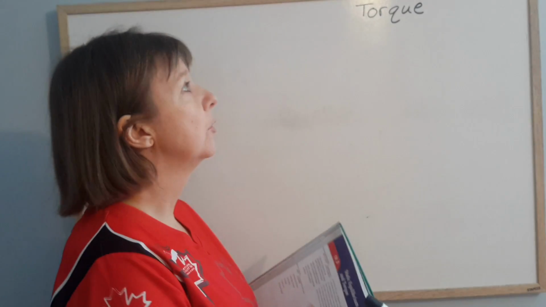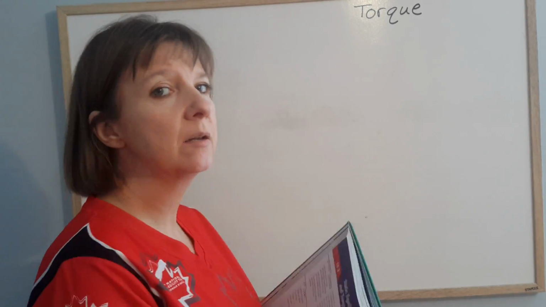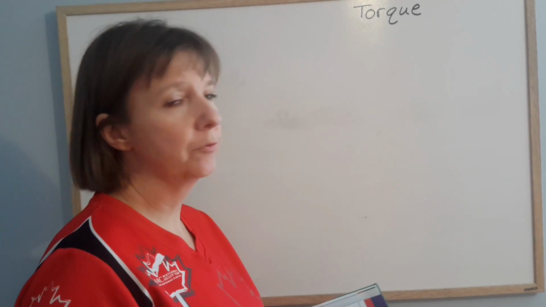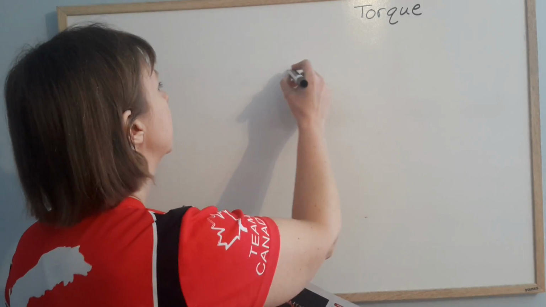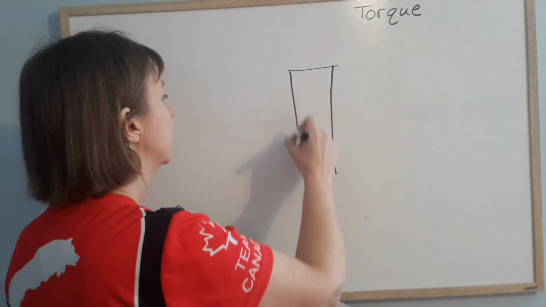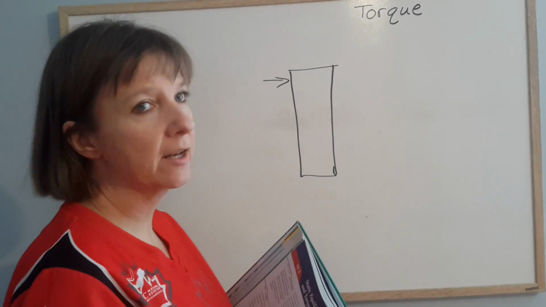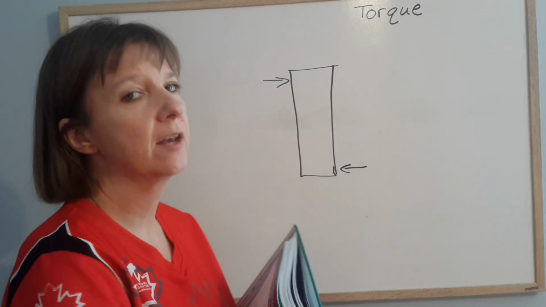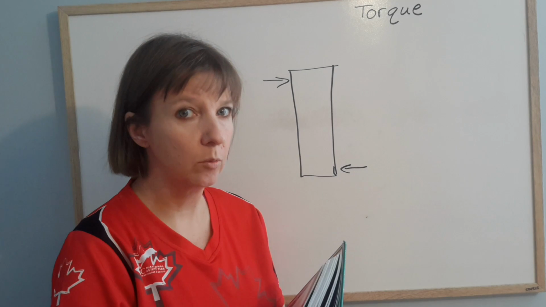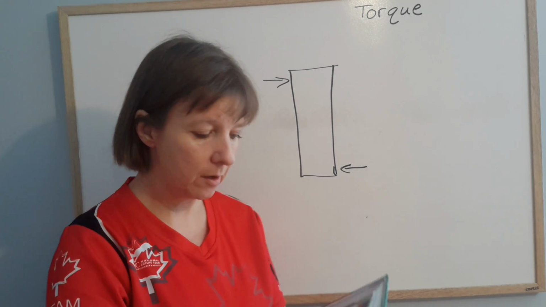So I'm going to upload the PowerPoint for this so that you have the notes on it, but I just want to be able to explain it a little bit so that hopefully the notes will make sense. So if you had a ruler, okay? If you had a ruler and somebody pushed on it at that end of the ruler, and somebody pushed on it that way at that end of the ruler, and they both pushed with equal force, no motion would happen.